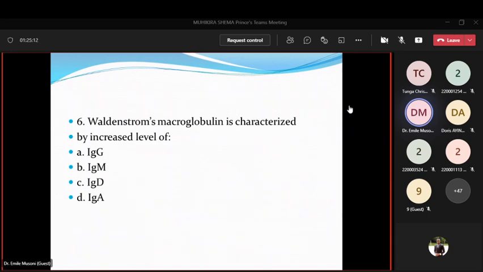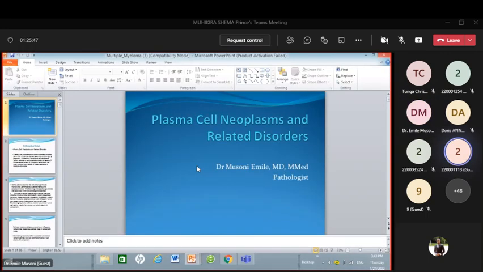While macroglobulinemia is characterized by an increased level of IgM. The answer is B. It is associated with increased level of IgM.